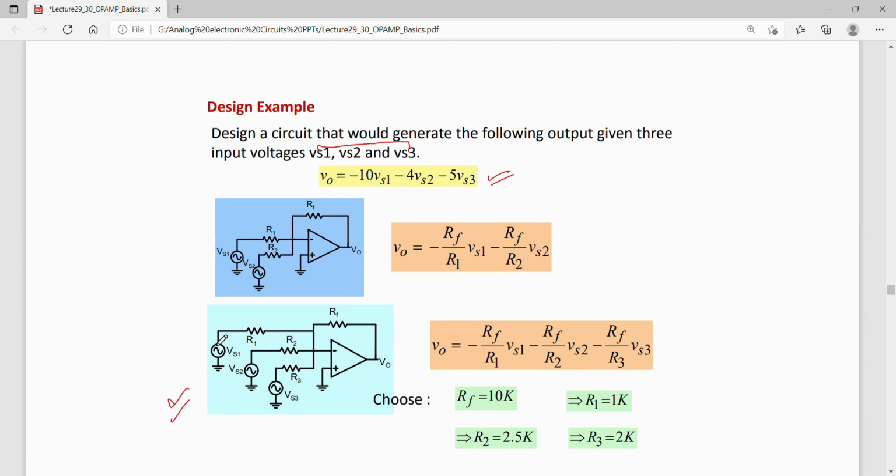We have three voltages, VS1, VS2, VS3 coming through these three resistances. So this is also a summing amplifier, and it can be utilized here to produce this output.